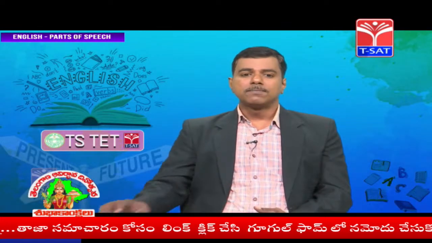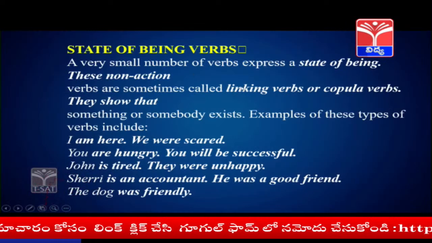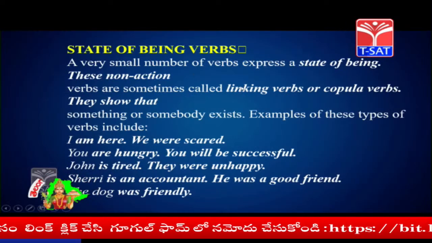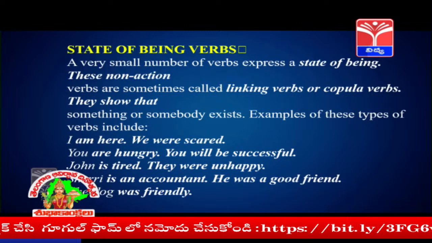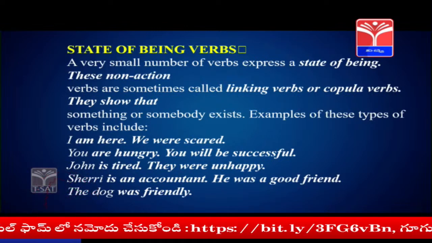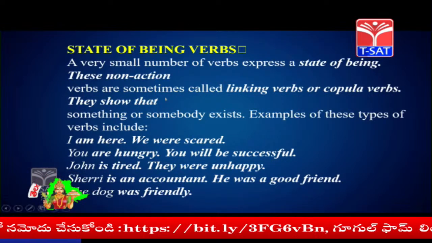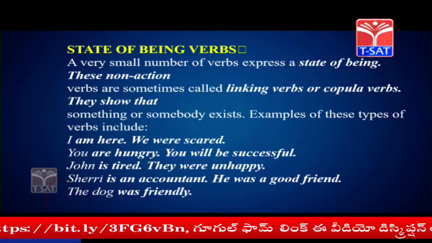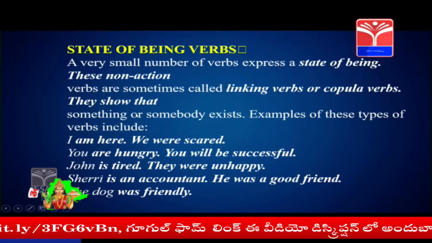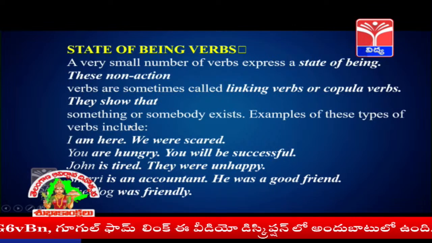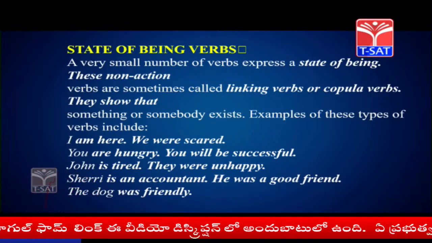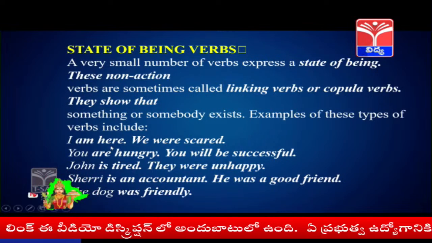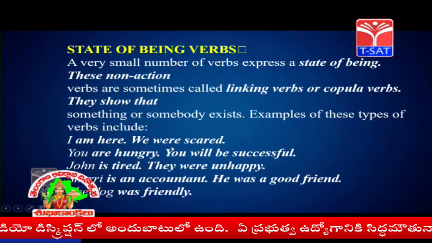Okay, state of being verbs. A small number of verbs express a state of being. These are called non-action verbs, sometimes called linking verbs or copula verbs. They show that something or somebody exists. Now you see: I am here. We were scared.